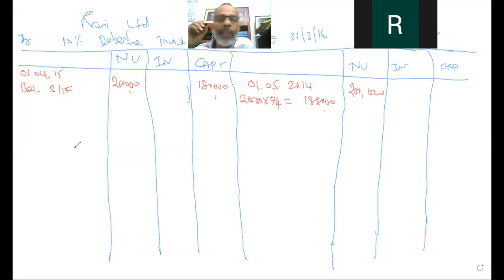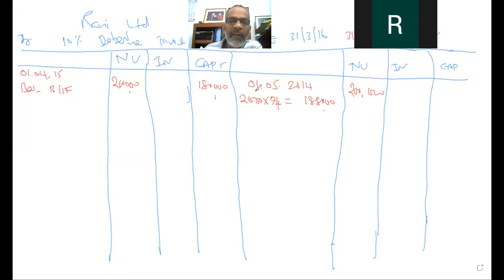At this point, we have to ask whether the company sold the item on cum basis or ex basis. Cum basis. We know the company declares the interest every 31st March and 30th September. The last interest received by Ravi Limited was on 31st March.